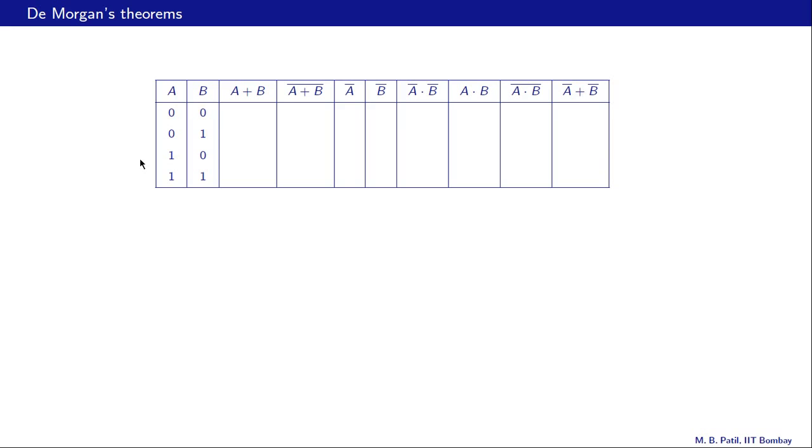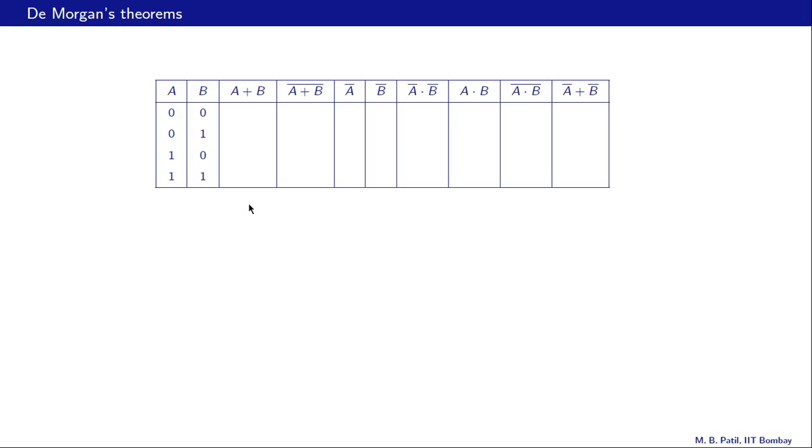Let us now discuss De Morgan's theorems, which are very useful in handling logical expressions. And let us look at two variables, A and B. Here we list all possible combinations of A and B, A equal to 0, B equal to 0, 0, 1, 1, 0, and 1, 1. And now we will construct each of these columns.